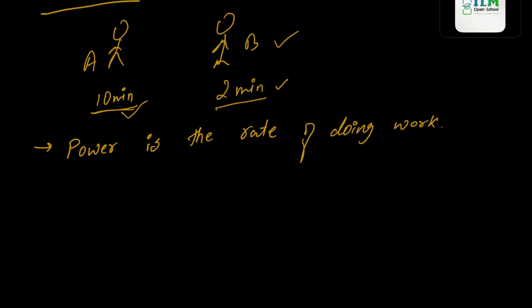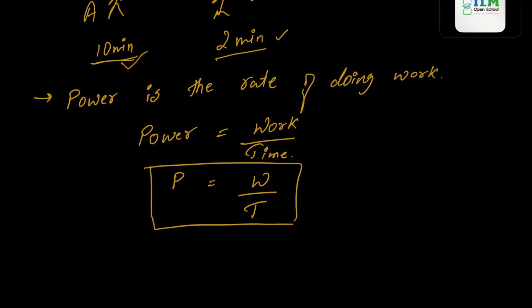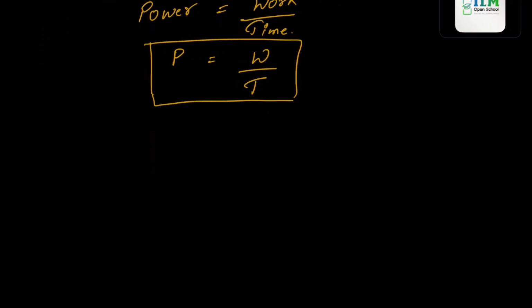So power is the rate of doing work, and we get the formula: power is equal to work upon time. We can also write power as P, work as W, time as T. So power is equal to work upon time. Here we get the formula of power.